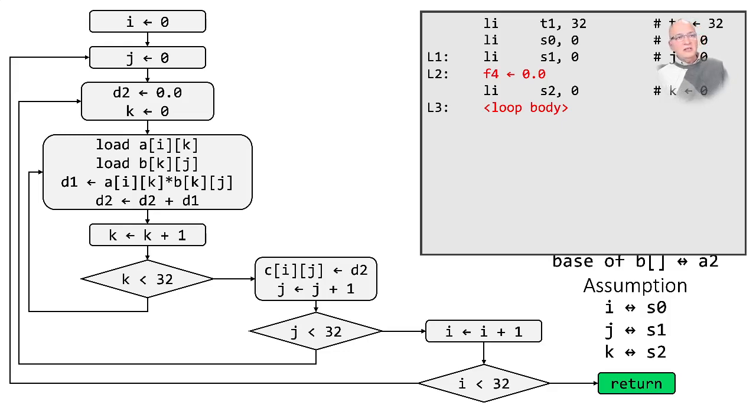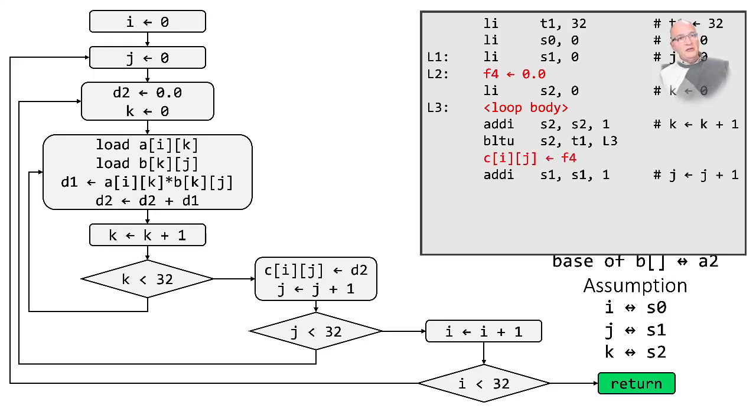Once I have done that, I have my loop body, and now I need to increment k, and I test now whether it's less than, unsigned, to go back to L3. I store the value of Cij, and then I increment j, test to see whether it's less than 32, increment i, and test whether it's less than 32, and this is the end of my code. You can see that this control structure is simpler than the control structure that we had before.